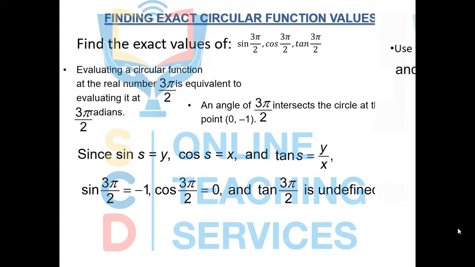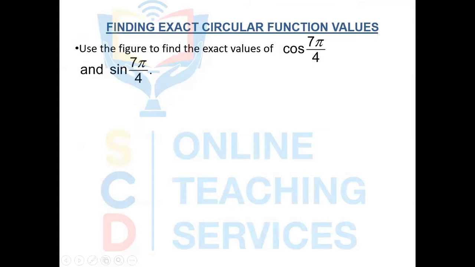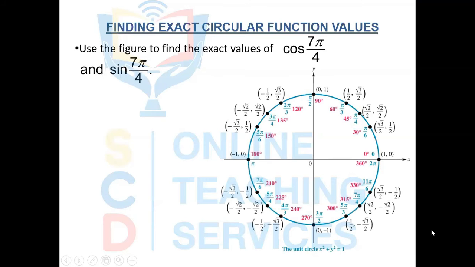Yes, sir. Okay, next. Finding exact circular function values. Use the figure to find the exact values of cosine 7 pi all over 4 and sine 7 pi all over 4. So, you can see the one that I have actually presented a while back, the unit circle. Okay, so where is 7 pi all over 4, Jessalyn?